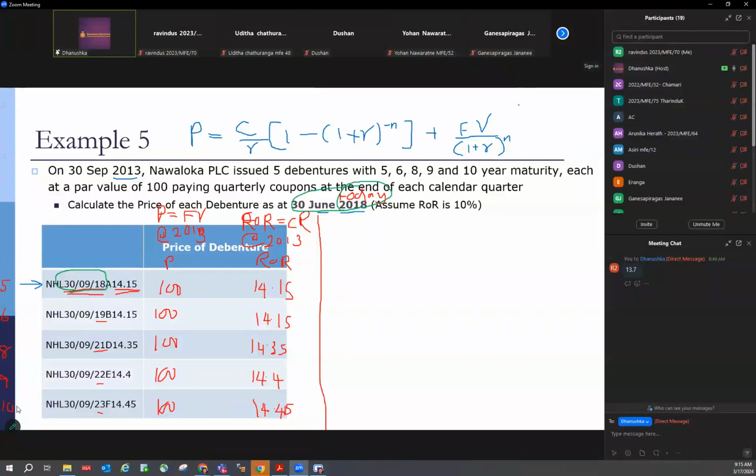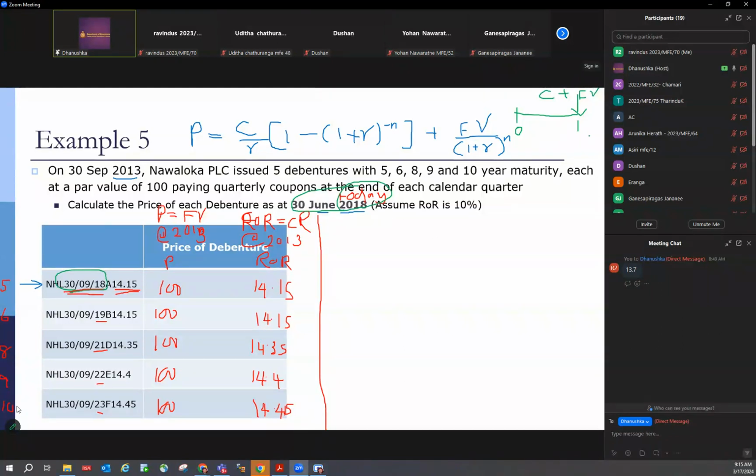So what are the cash flows when I look at today? Today is 30th of June 2018. This is 0. In one more quarter, this debenture is going to mature. And what is the cash flow I'm going to get? I'm going to get my coupon and my face value. So for this debenture, technically, I don't even need the equation.